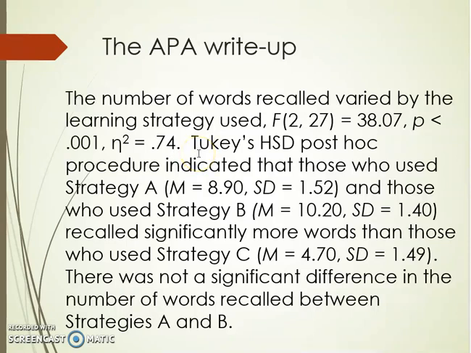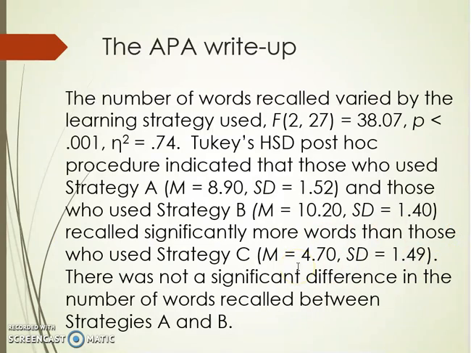Then he goes on to say that Tukey's HSD post hoc procedure indicated that those who use strategy A, and then he provides the mean and standard deviation for strategy A and strategy B, recalled significantly more words than those who use strategy C, again reporting the means.